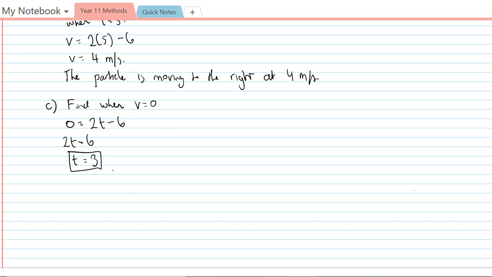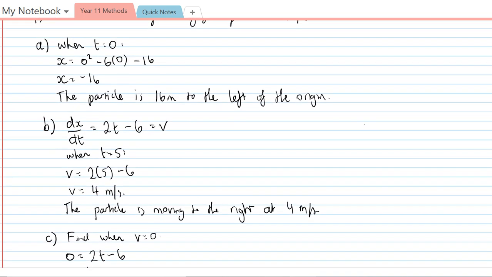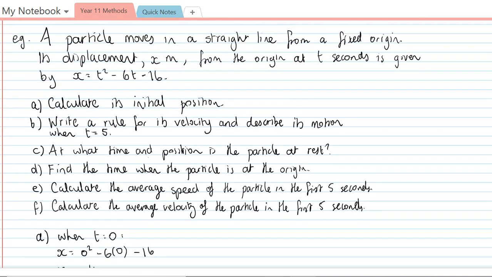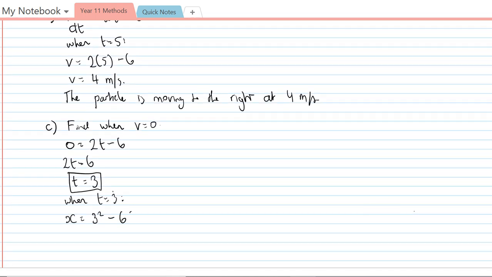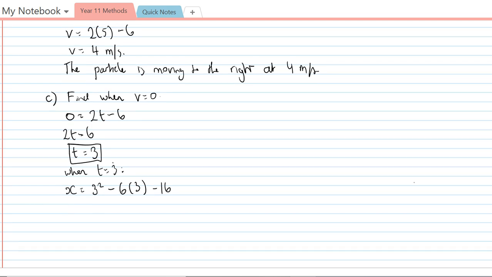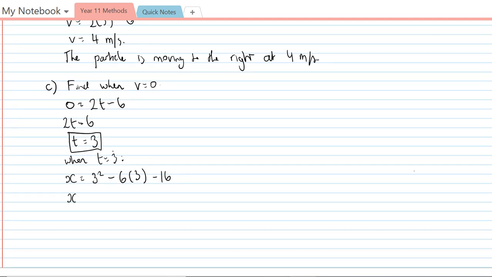So that is, again, talking about displacement. When t equals 3, we get x equals 3 squared, minus 6 times 3, and then minus 16. So x equals 9 minus 18 minus 16.